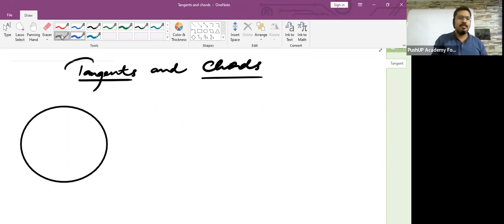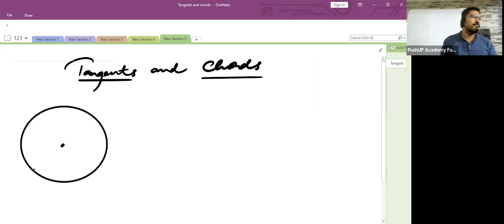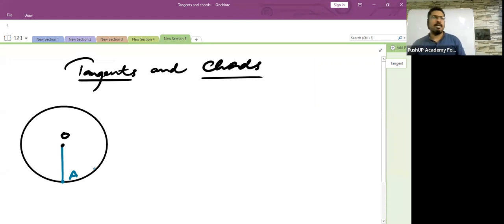See the first property. Imagine you have a circle with a center O. I am going to draw the radius of the circle. Imagine OA is the radius. I'll plot A over here. OA is the radius. You all know what a tangent is.